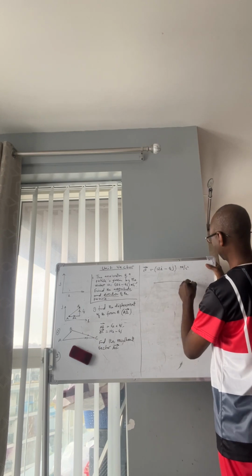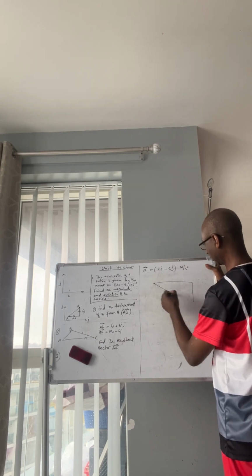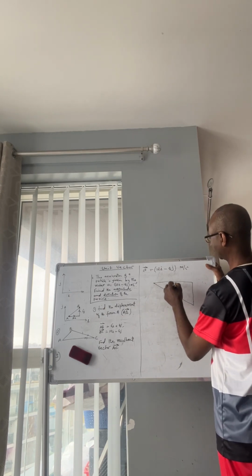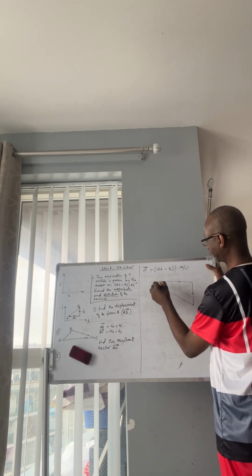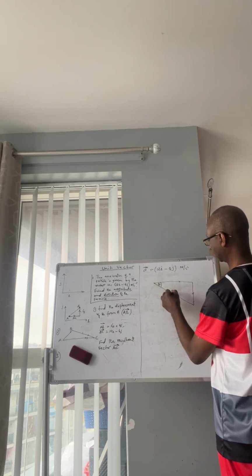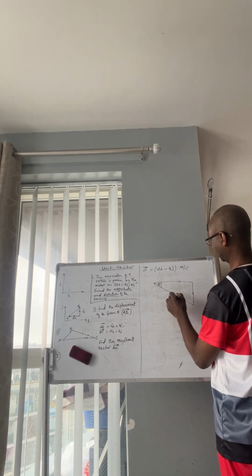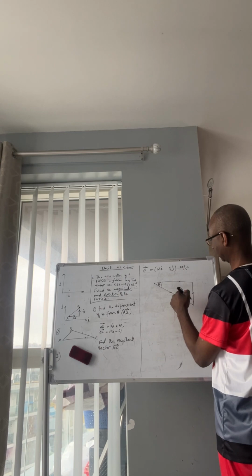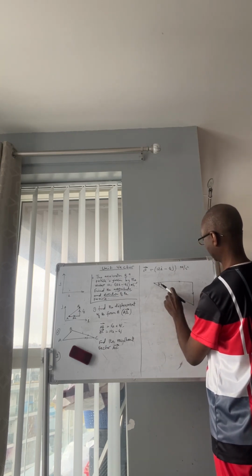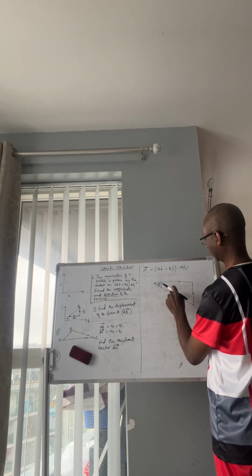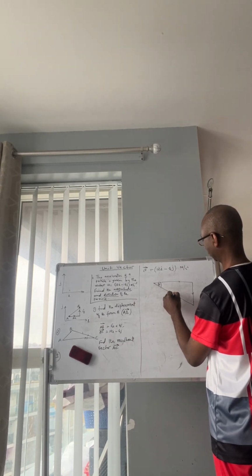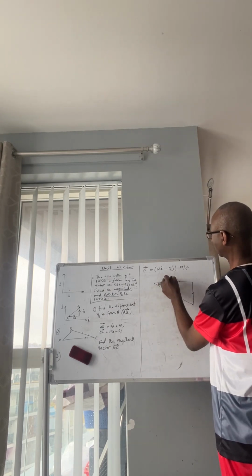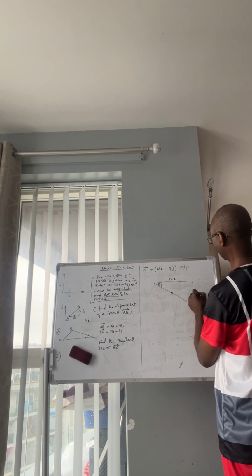We have this and this, and the particle starts from there. This was 12i. This is 4j.